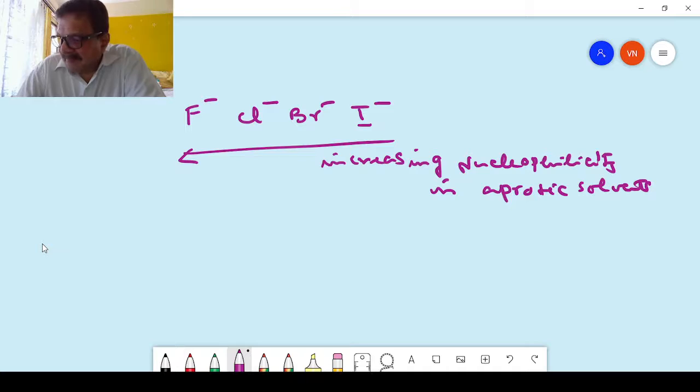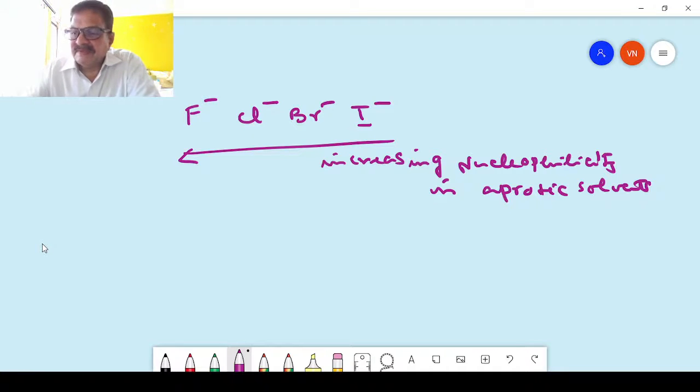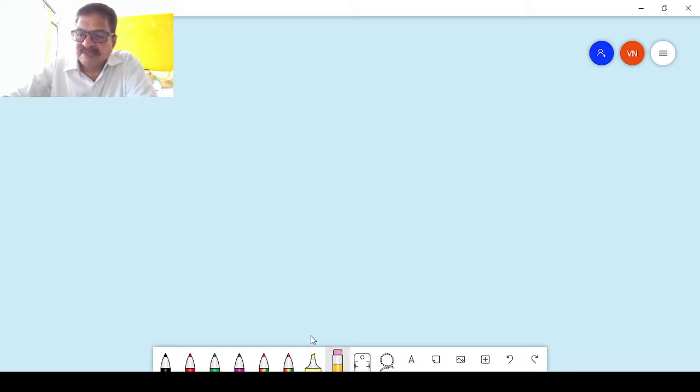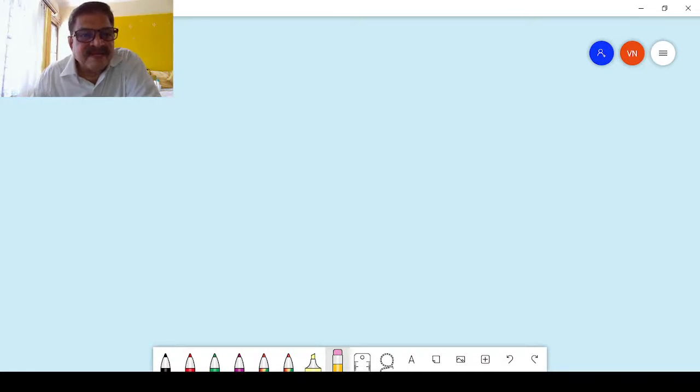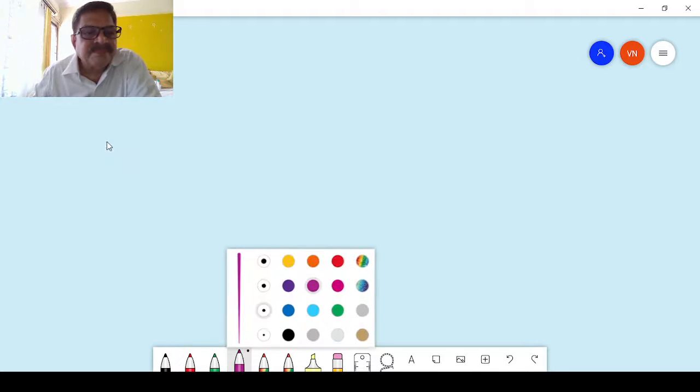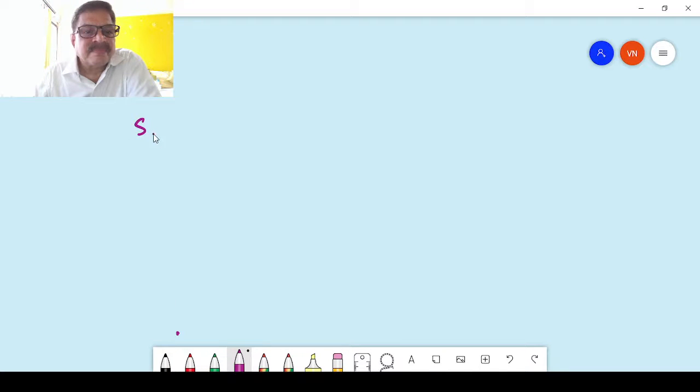Now, another important point we have to consider: how the solvent affects the Sn1 and Sn2 mechanisms.